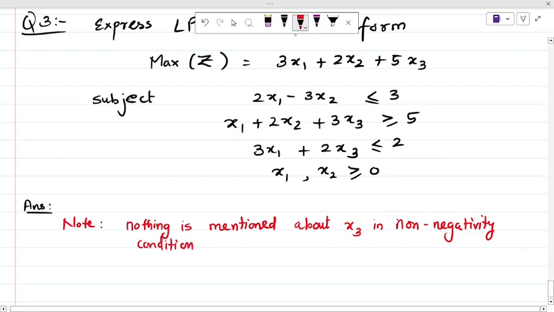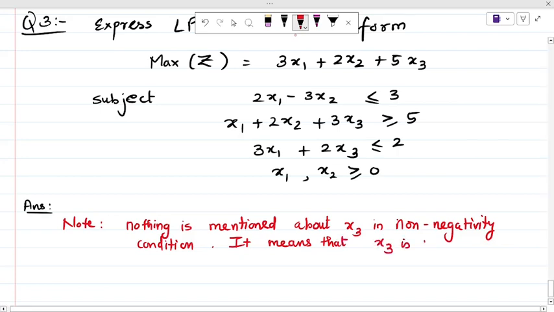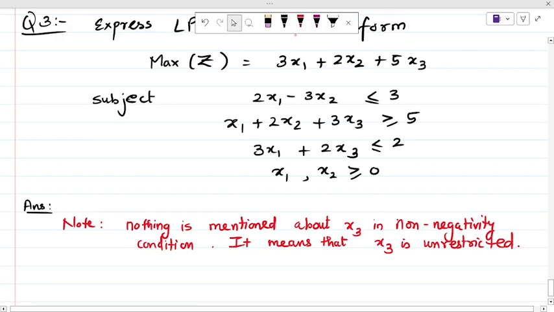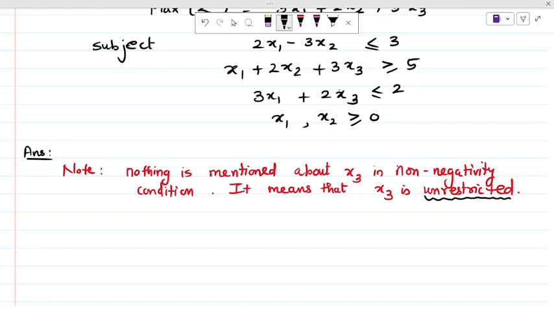It means that x3 is unrestricted. Please remember this. This is very important. When nothing is mentioned, it means it is unrestricted.